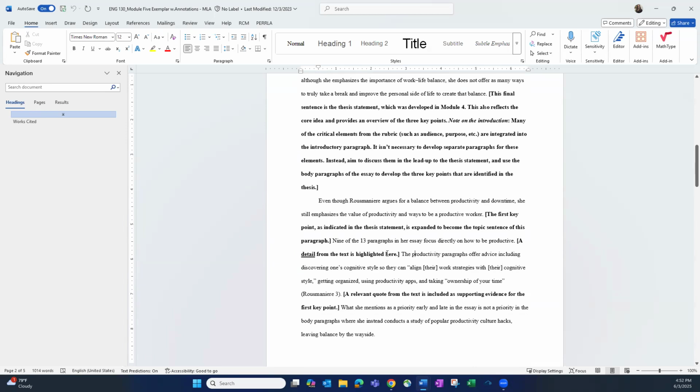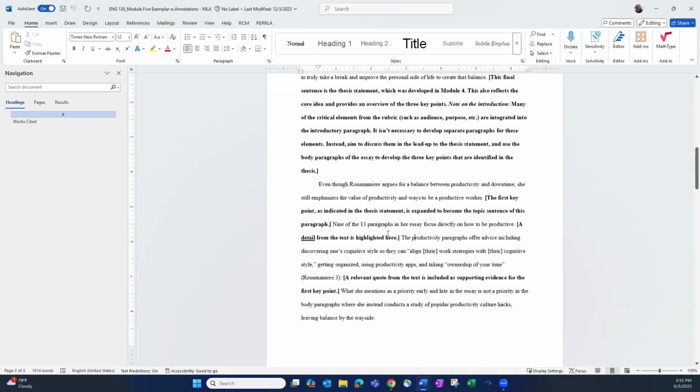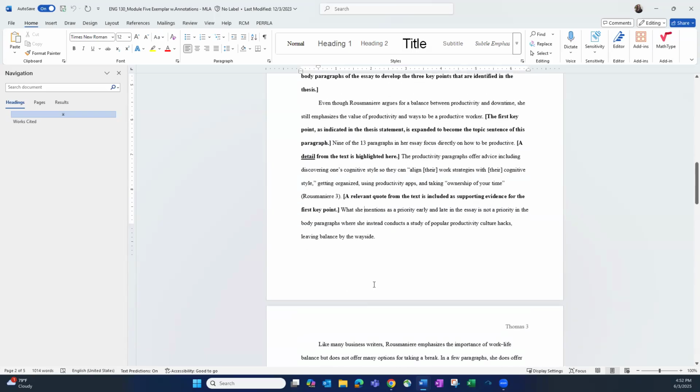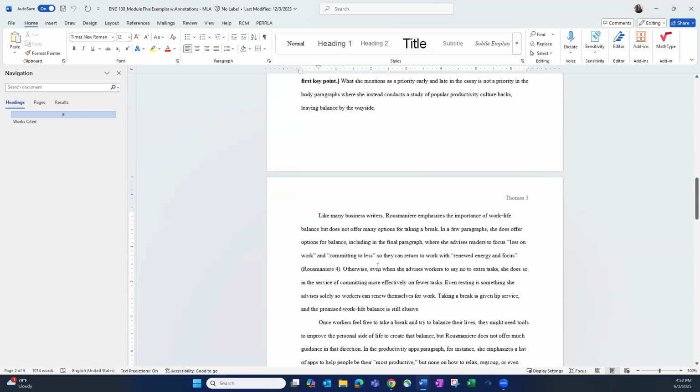And if you read through the exemplars, you can see there is a powerful topic sentence, there is additional explanation, there is a quote, there is the proper citation, and then there is a final statement or two that sums up the ideas in that paragraph before moving on to the next point.